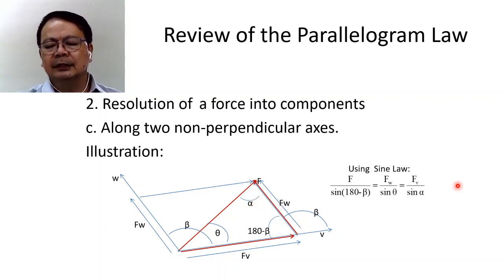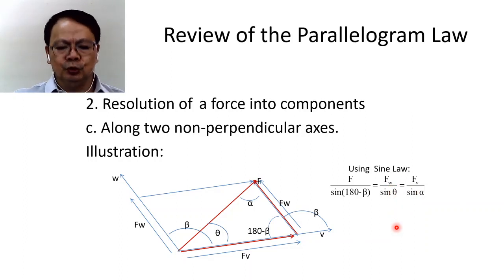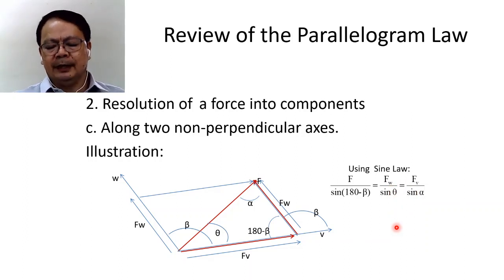So from this equation, we can compute for the magnitudes of Fw and Fb, representing the resultant of two forces along two non-perpendicular axes.